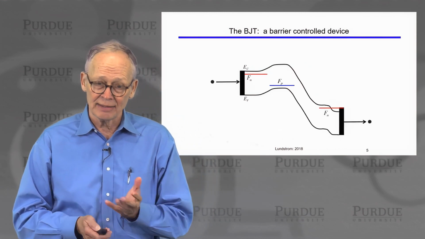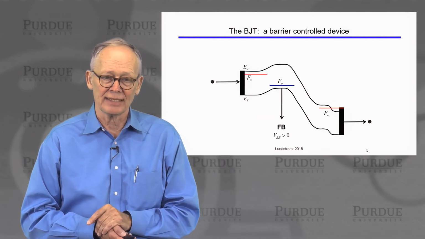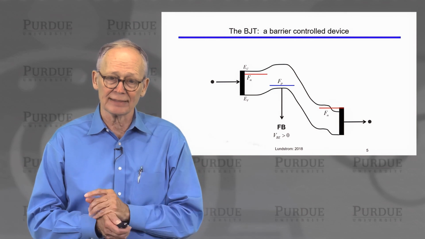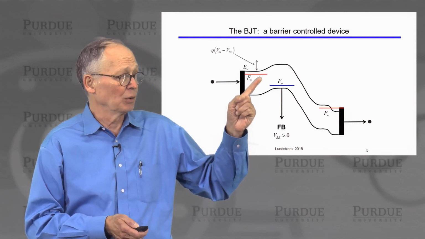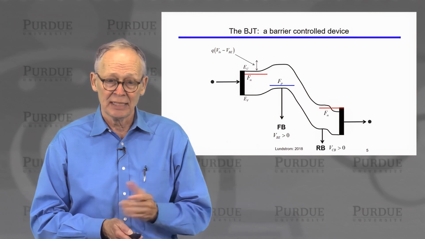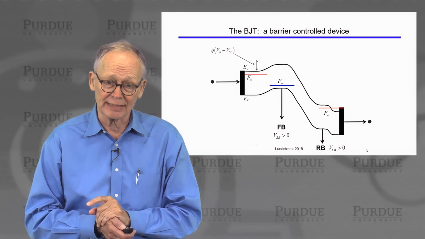Okay, if we do that, this is the picture that we get. We have pulled down the base energy with a forward bias. We have then lowered the energy barrier for electrons to be injected from the emitter to the base. We have pulled the energies in the collector way down with a reverse bias.